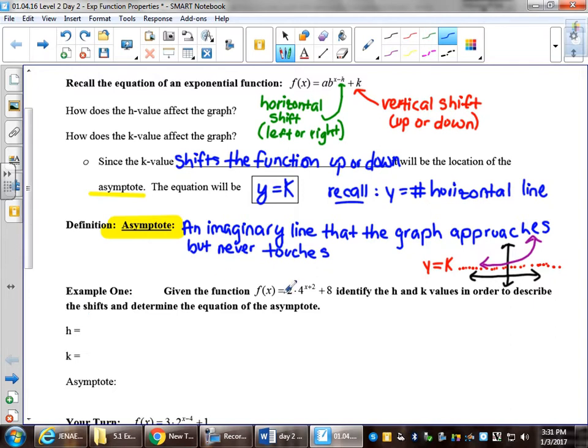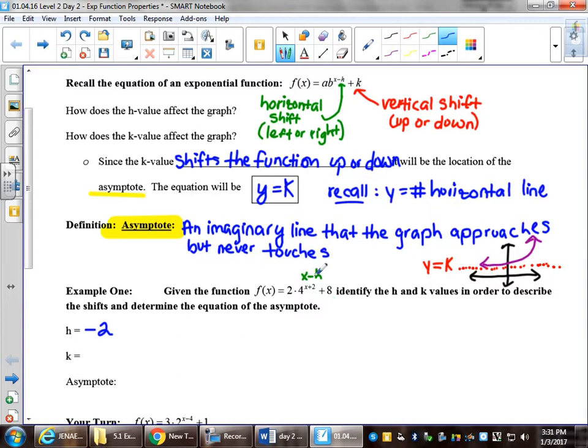I know mentally I'm thinking a times b to the (x minus h) plus k. So if it helps, above this, go ahead and write x minus h. I see x minus h, but then look, I see x plus 2. How is that possible? Well, to get a positive 2 means that a negative 2 was plugged in right there.